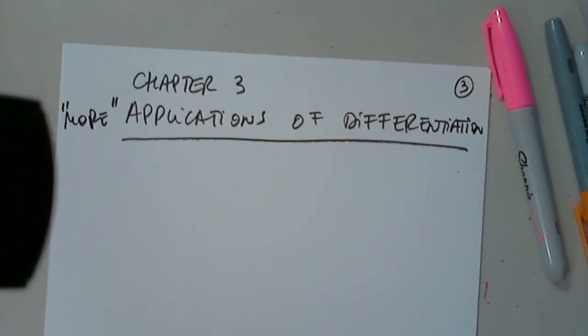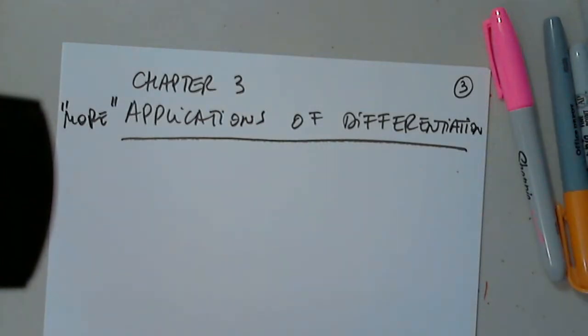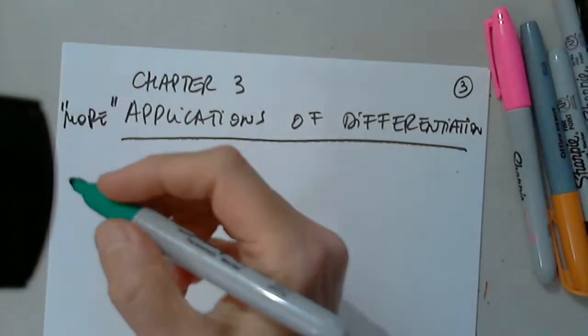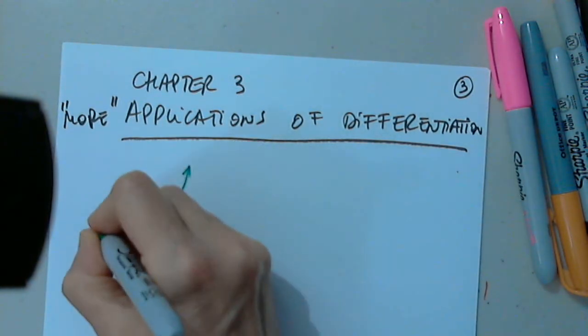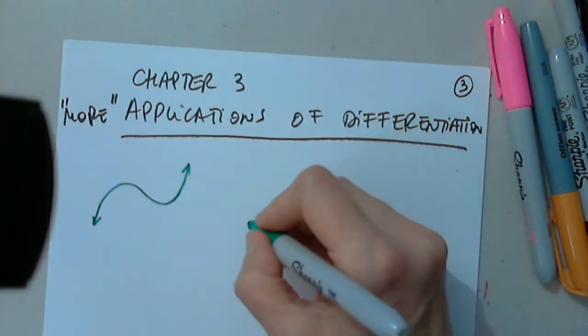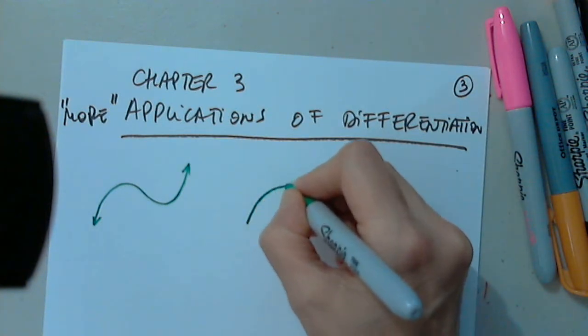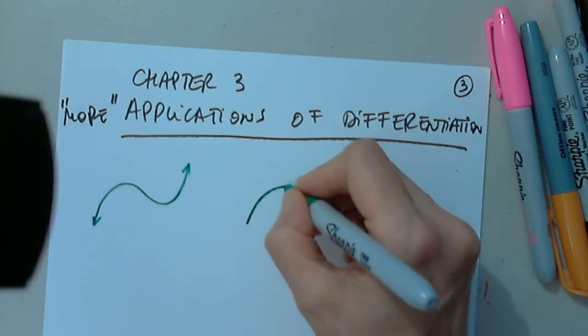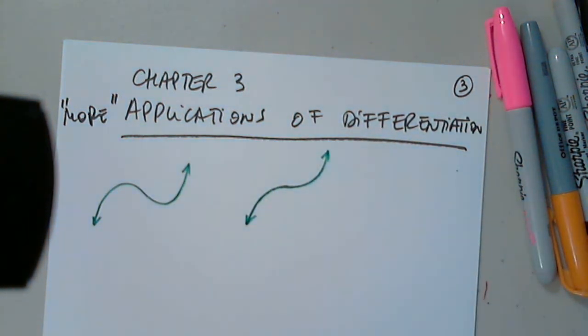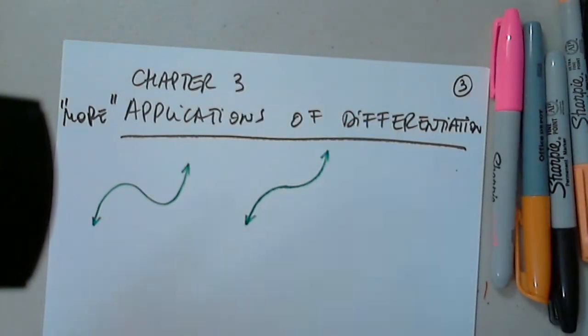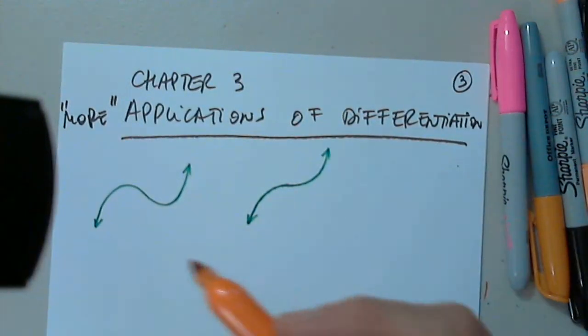Okay, so let's look at a few scenarios. I'm going to graph a few functions. So let's look at this function. And also let's look at this function. In a minute, let's look at this one. Let's choose a few points on the graph of this function.